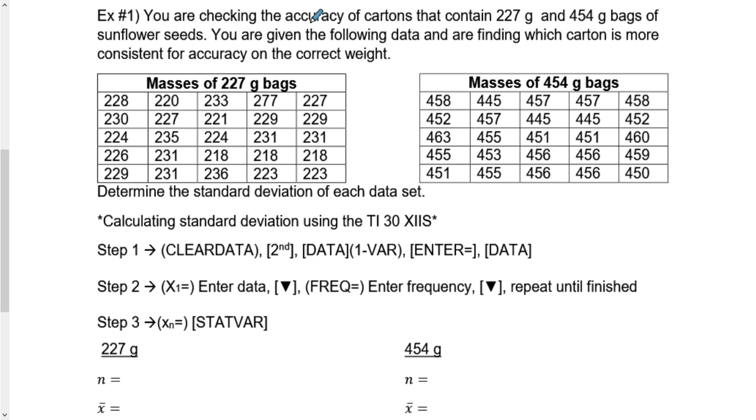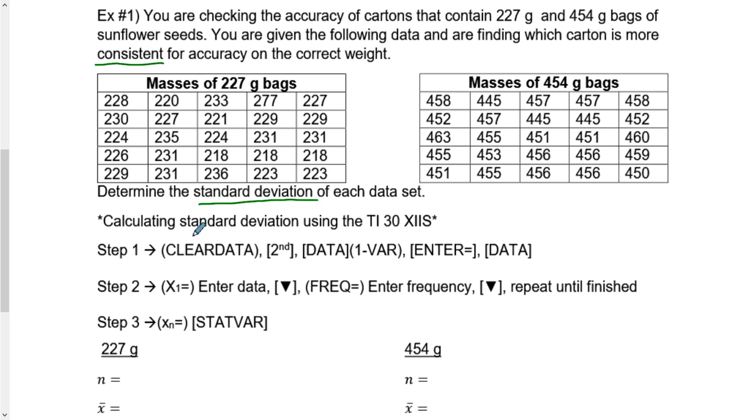We're going to check the accuracy of cartons that contain 227 gram and 454 gram bags of sunflower seeds. You're given the following data, and are finding which carton is more consistent for accuracy on the correct weight. What we're going to do is determine the standard deviation, because that talks about consistency. Standard deviation and consistency are very closely related.